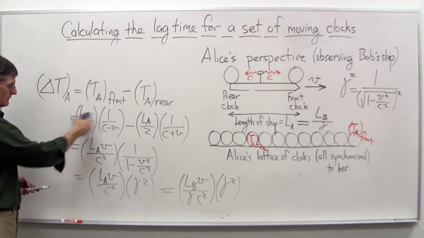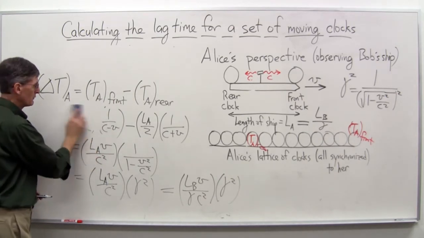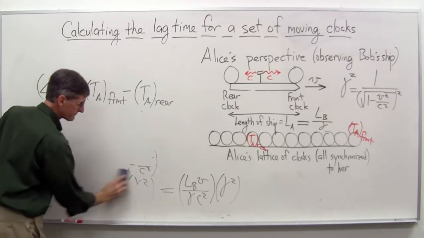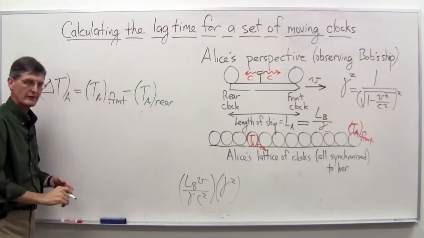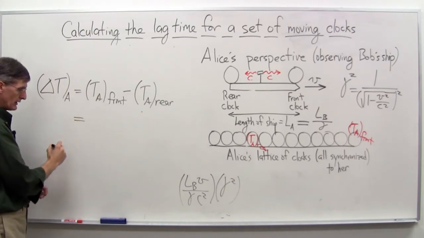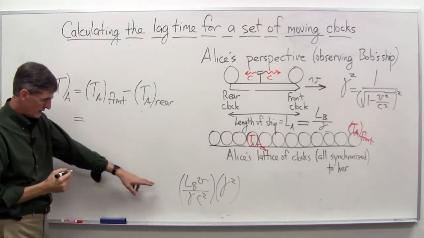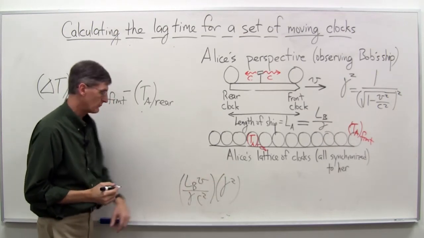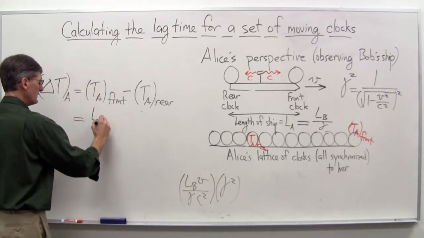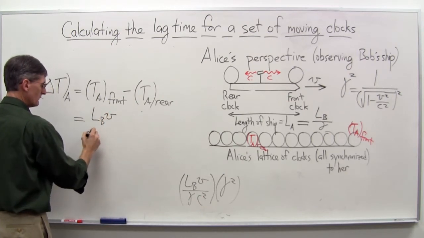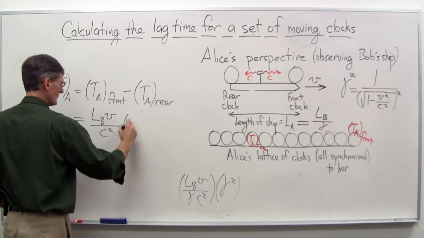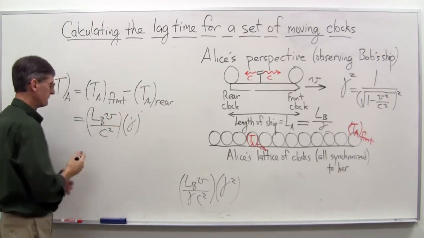Okay, so we did all the arithmetic here, so we'll keep the basic formula we want. Let's bring it up a little bit so we can see it better. So we have found now that this equals, and now we can cancel one of the gammas. We've got a gamma in the denominator, a gamma up there, so we get LB V over C squared and a gamma involved here. So put the gamma out there.